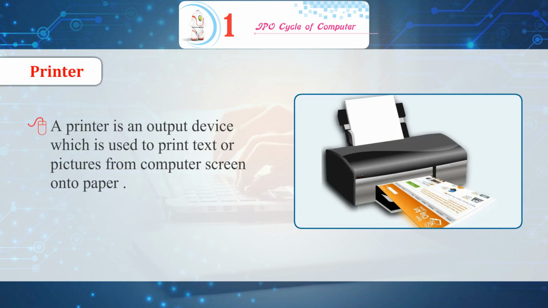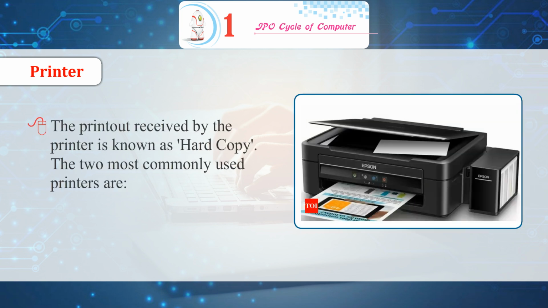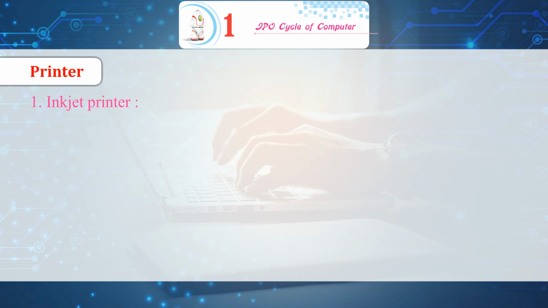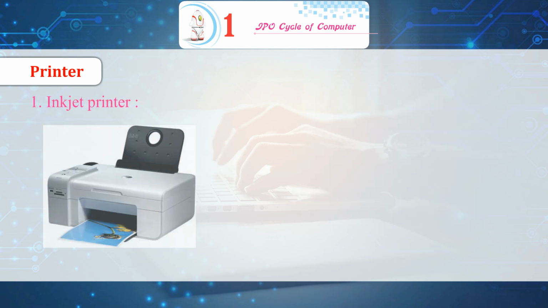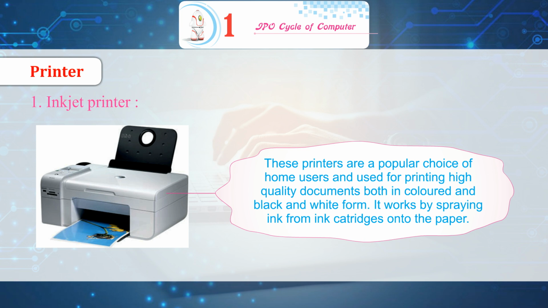Printer. A printer is an output device which is used to print text or pictures from the computer screen onto paper. The printout received from the printer is known as hard copy. 1. Inkjet printer. These printers are a popular choice of home users and are used for printing high-quality documents both in colored and black and white form.